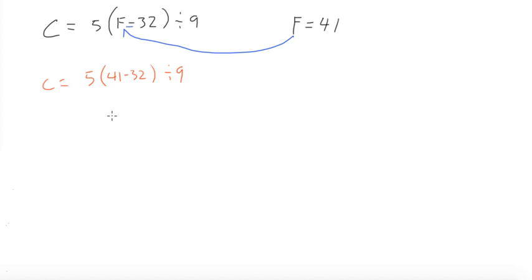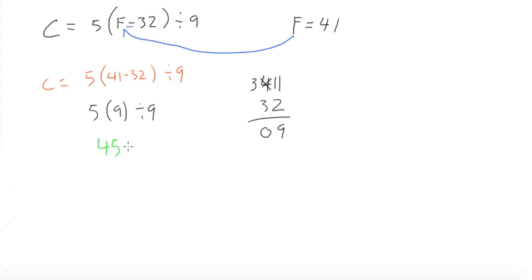Well, 41 minus 32 is 9. So now it's 5 times 9 divided by 9. 5 times 9 is 45.